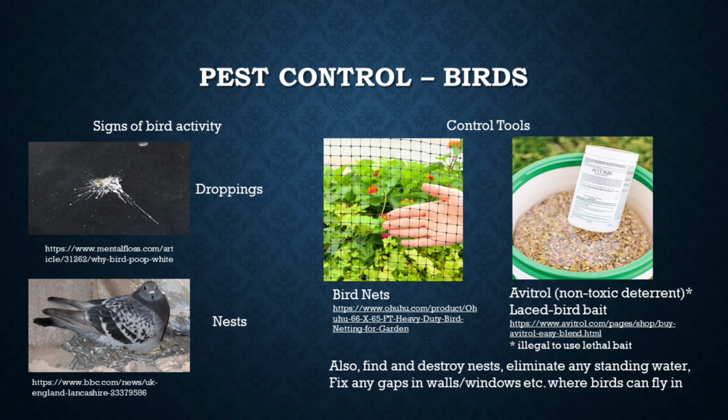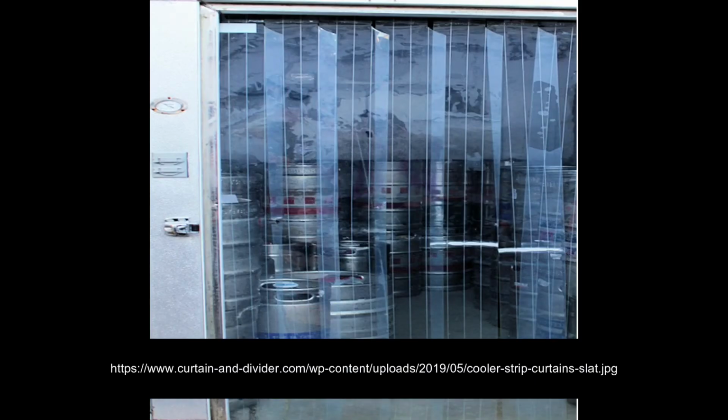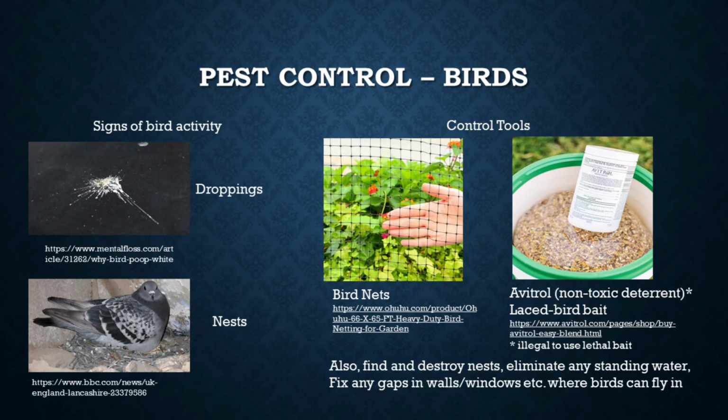Another thing you can do is use those curtains or plastic things that cover freezers or refrigerators at some grocery stores or freezer areas in restaurants. Let's see. Yeah, here's a pretty good example of this freezer curtain. You can use that too to keep birds out. Sometimes that can be installed.